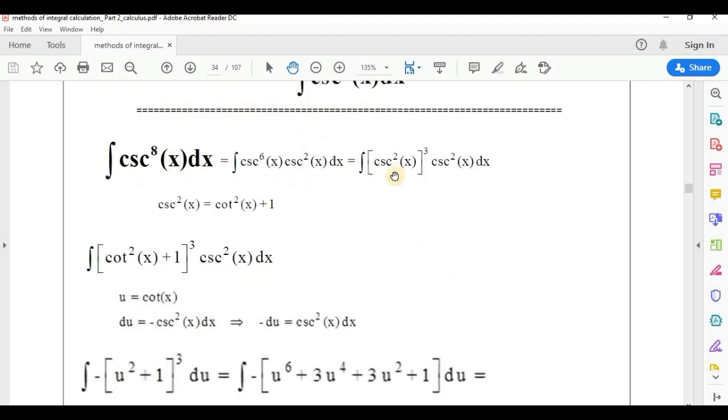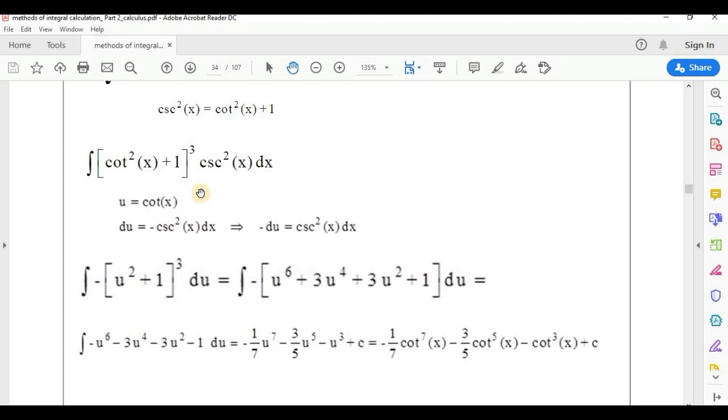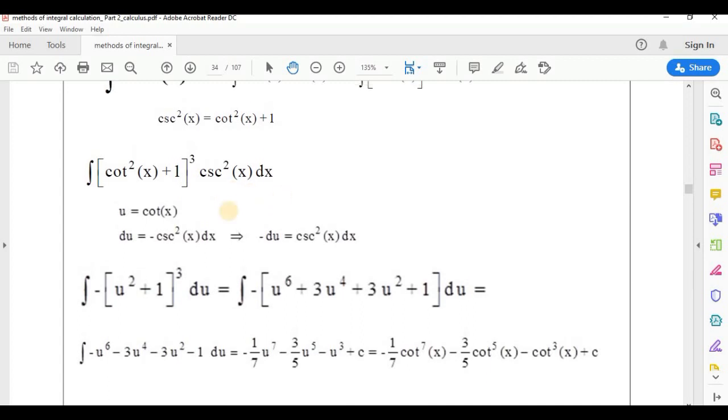We have cosec squared, so we will use the cosec squared formula: cosec squared equals cotan squared plus 1, and we will substitute this value in this part. We will get this integral: the integral of (cotan squared plus 1) all to the power 3 multiplied by cosec squared x dx. We can now use the substitution method.